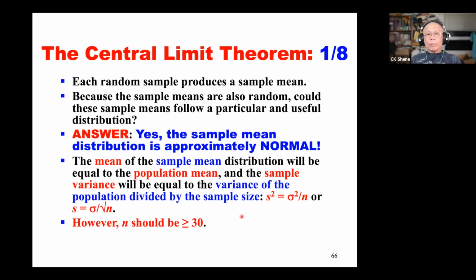Now, if you have so many samples from the same population, from this you can calculate a sample standard deviation. The variance of the sample mean is equal to the variance divided by n, and the standard deviation is S equal to sigma over square root of n.